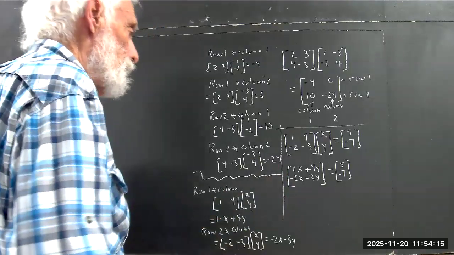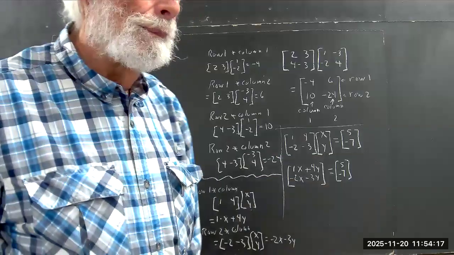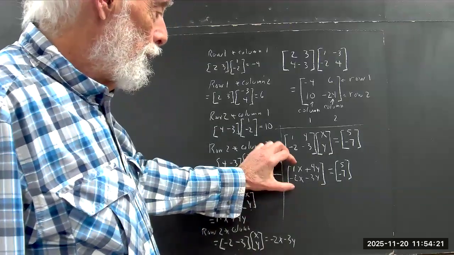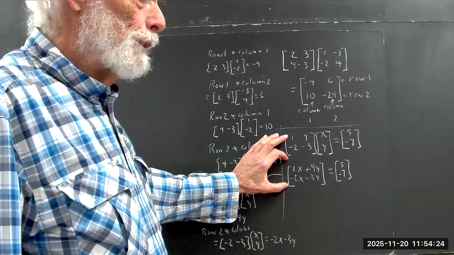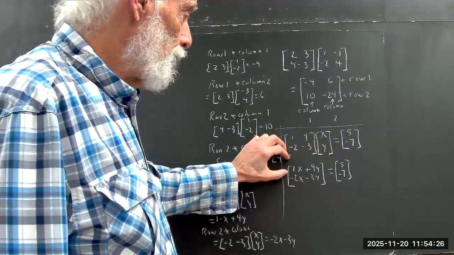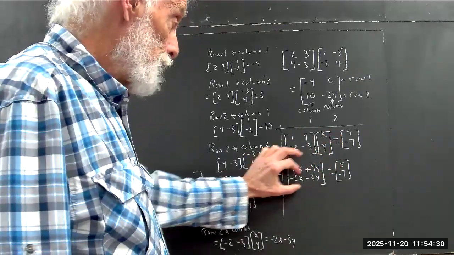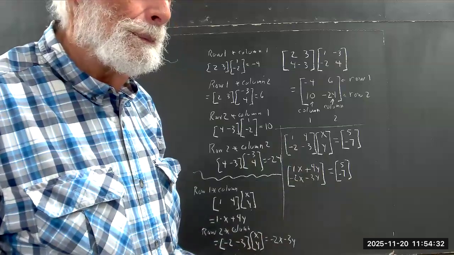Okay, well, what's that saying? How could these two be equal? Well, the only way this matrix could equal this column is if the first row equals the number in the first row, and the second row equals the number in the second row.